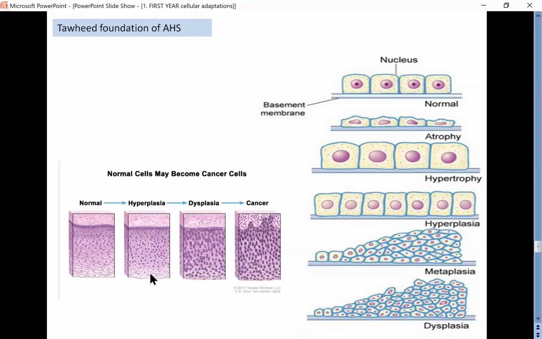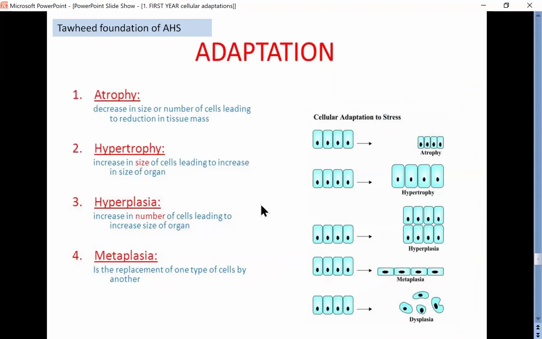So it will undergo hyperplasia, hypertrophy, or metaplasia. When it undergoes metaplasia, the cells replaced will be a normal cell type. Whenever the cell replaced is abnormal, that condition is called dysplasia. So the dysplasia will slowly turn into cancer. So this is the summary of today's class: atrophy, hypertrophy, hyperplasia, and metaplasia.